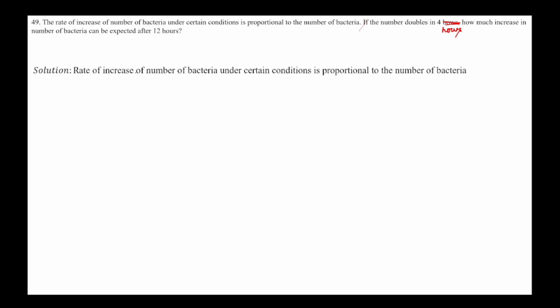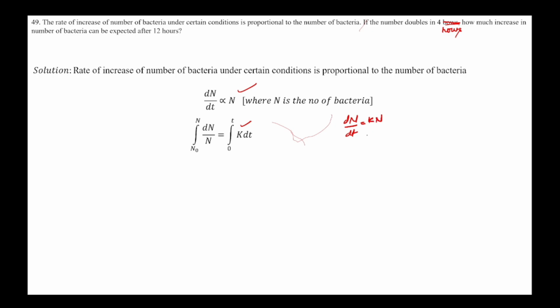The very first thing: the rate of increase of bacteria is directly proportional to the number of bacteria, where N is the number of bacteria. We remove the proportionality sign and a constant comes in, so dN/dt = kN. Now dN/N = k dt.